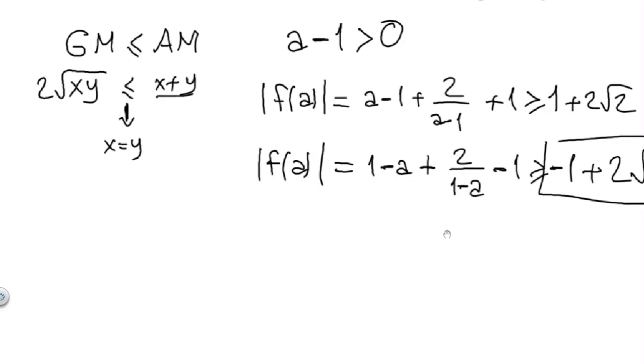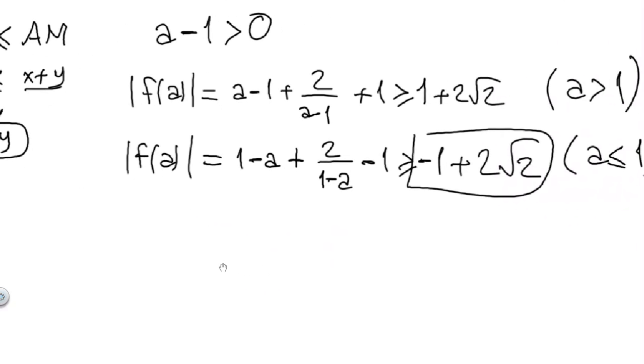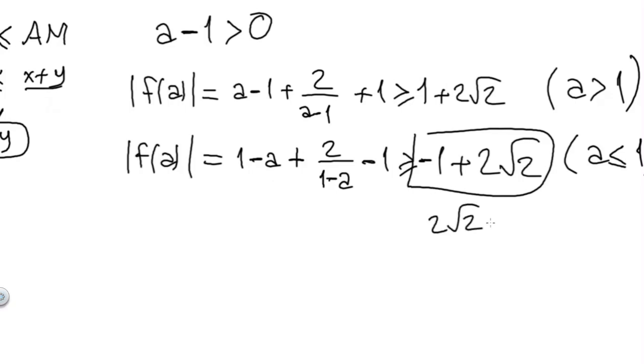And like I said, when I was talking about this inequality, I know that this holds if and only if x is equal to y. So I want this inequality to hold, because this value, 2 square root of 2 minus 1, is the minimum value this thing can get. And I want to find the minimum of this function, and I want to know, can this be equal to that thing?